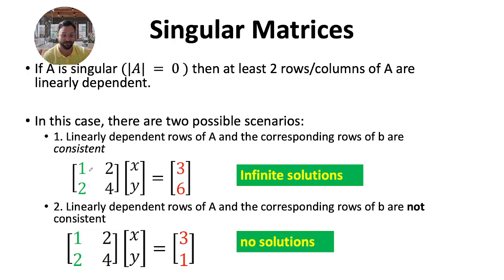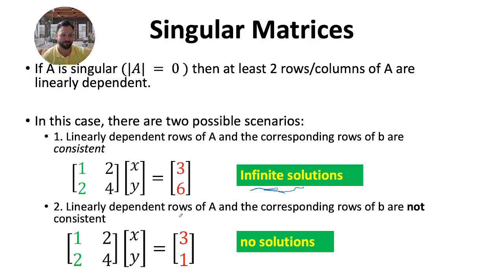When you look at it, x plus 2y equals 3, and 2x plus 4y equals 6. So this is actually the same line. We are reducing the set of solutions from two-dimensional space to this line, x plus 2y equals 3. Therefore, the number of solutions here is infinite.